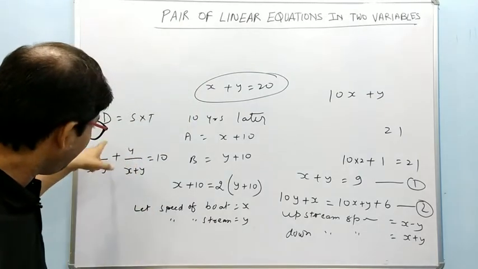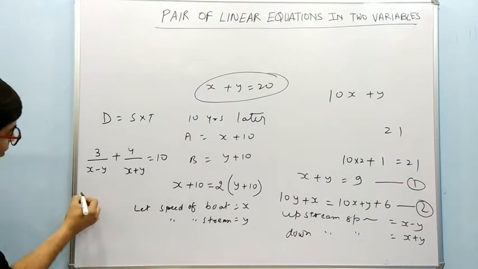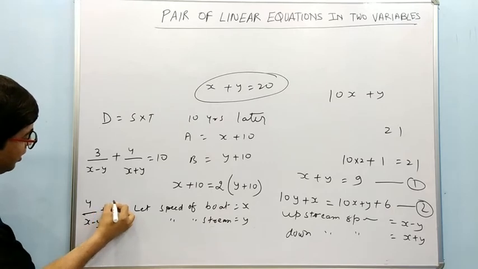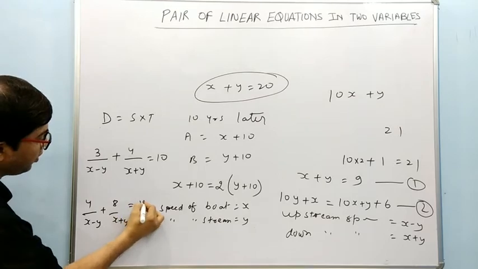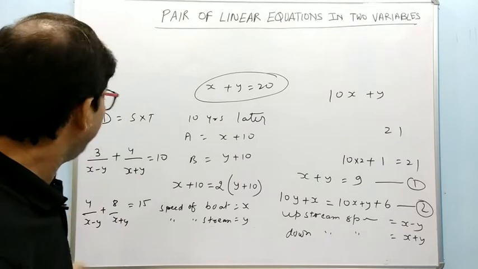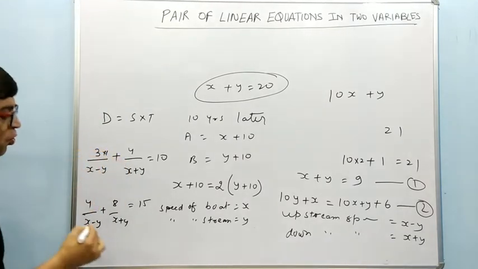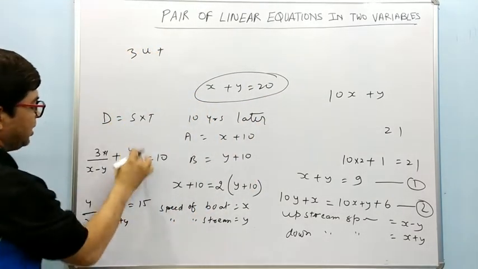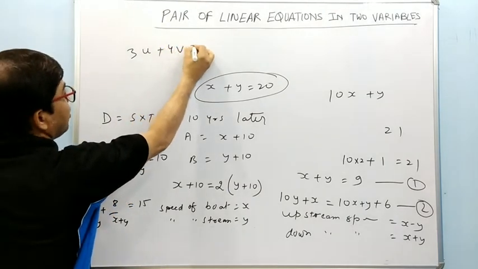Suppose such types of problems are given, you need to solve them. An easier method you can follow. Suppose another equation is 4 by x minus y plus 8 by x plus y is equal to 15. We need to solve such a type of equation. We have to make it easier first. If I take 1 by x minus y as u, then the equation will be 3u, and 1 by x plus y as v, so this will be 4v is equal to 10.